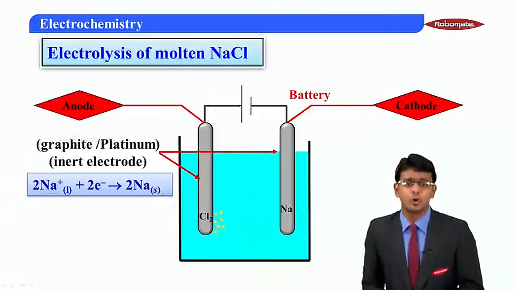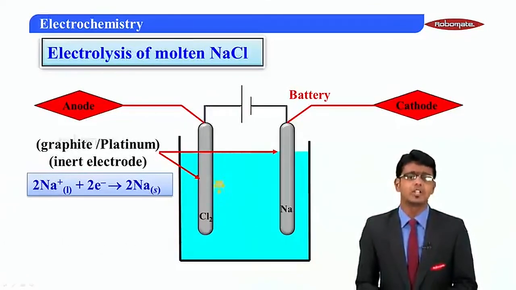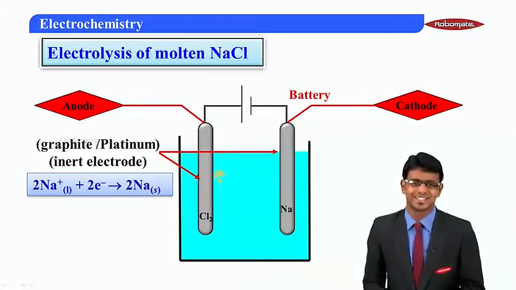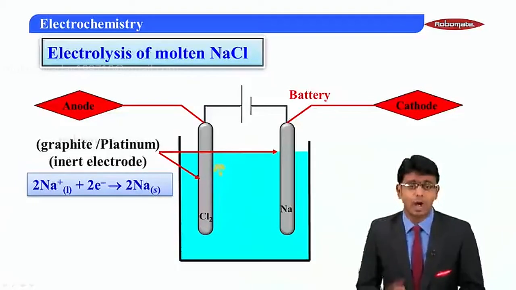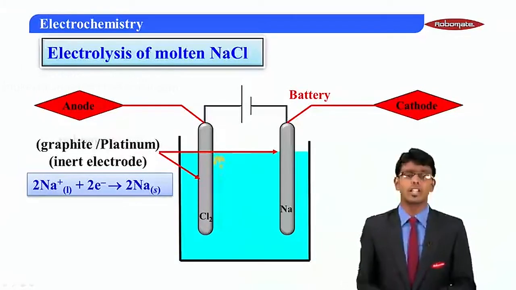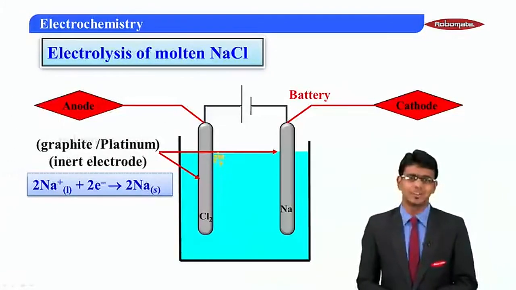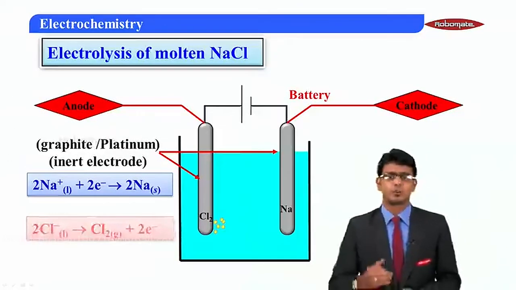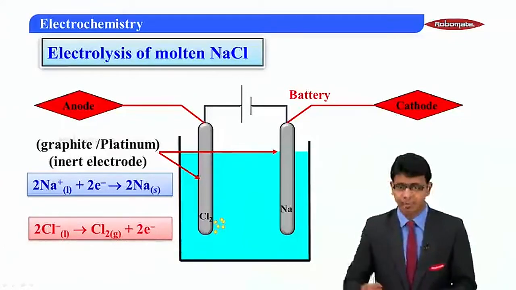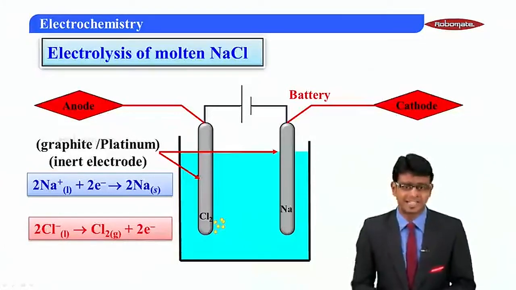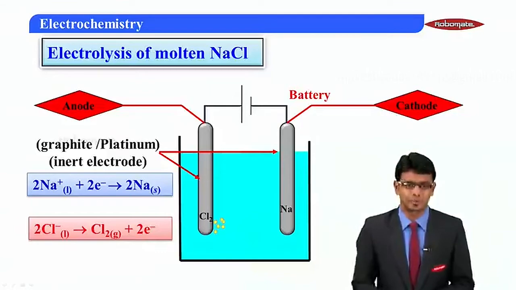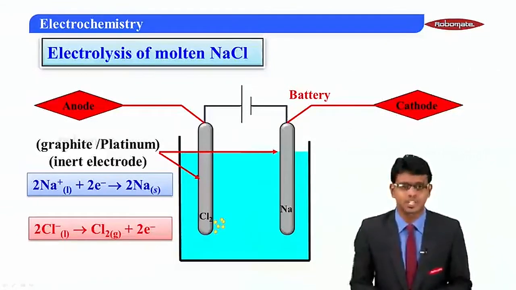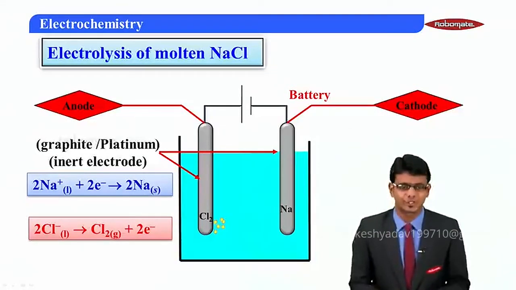So at the anode we have liberation of chlorine gas. The half reaction for oxidation of chloride ions goes like this: 2 Cl minus in the liquid state giving us chlorine gas plus 2 electrons. These are the two half reactions taking place at the respective electrodes.